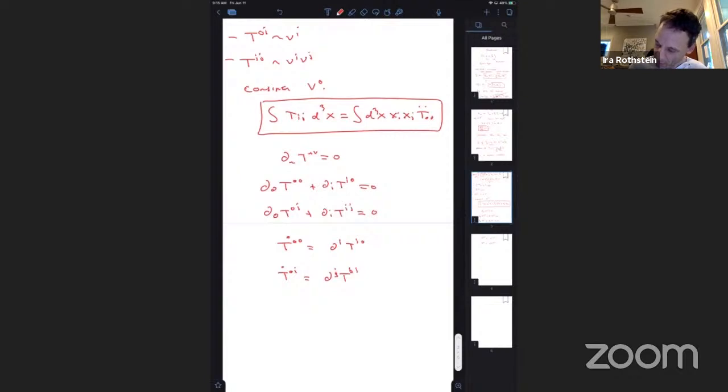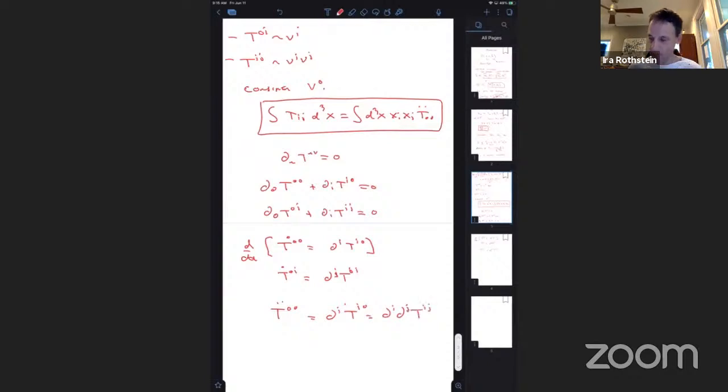And let me differentiate both of these guys. So now I have T00 double dot is minus di Ti0 dot, which is di dj Tij.